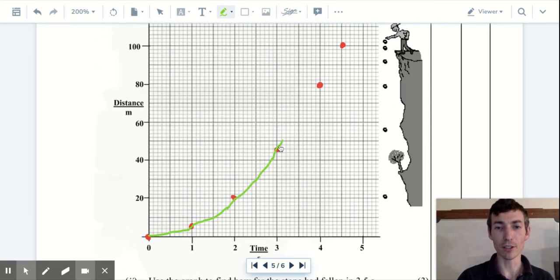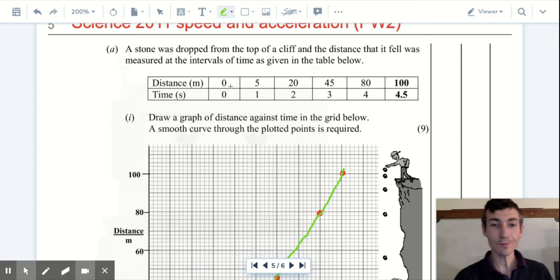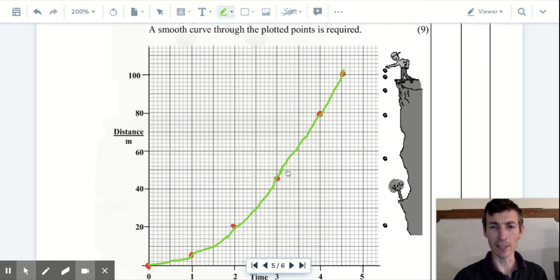Much easier when you've got your pencil. There we go. Best I can do. So we've plotted a smooth curve through the plotted lines. Okay, and that means not just straight lines between each point. Okay, smooth and curving gradually up the way. Okay, meeting all of the points.